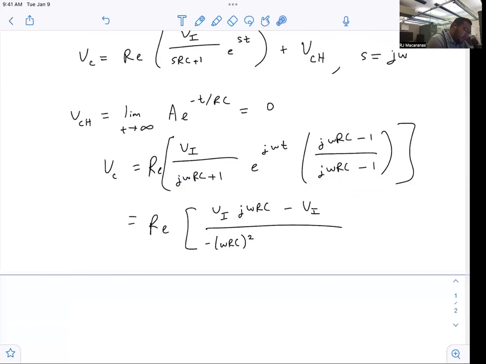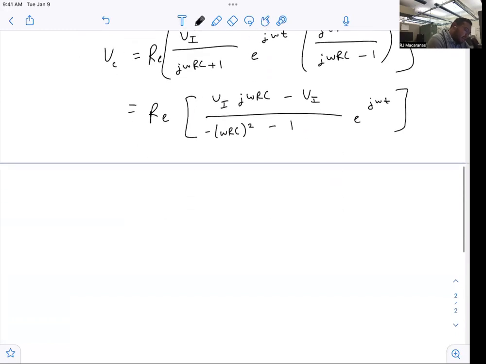But then we've got 1 times -1, so we've got this -1 term. And we're multiplying all this by e to the j omega t, and so we're looking at the real part still of this.